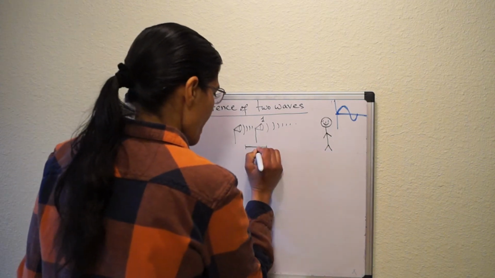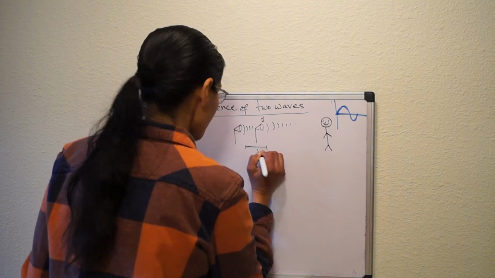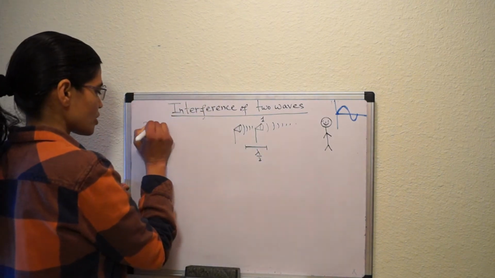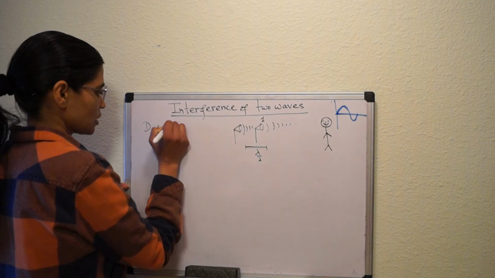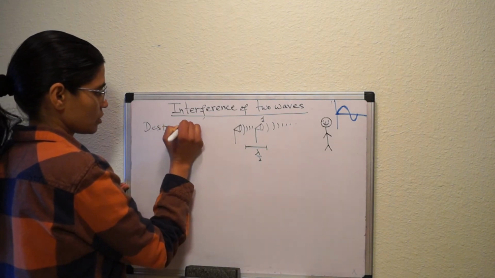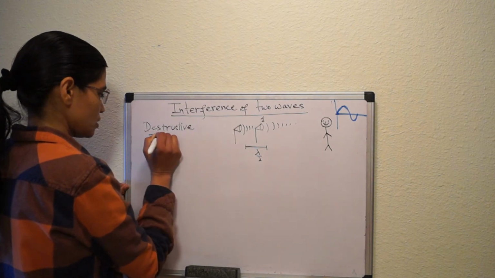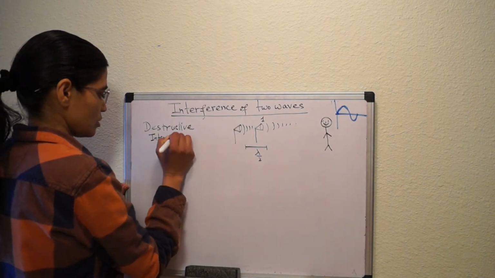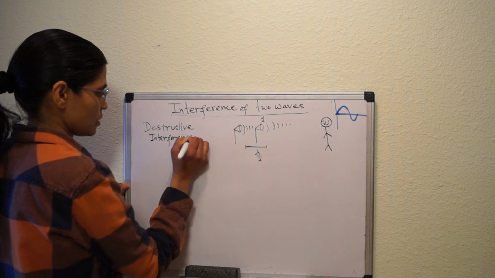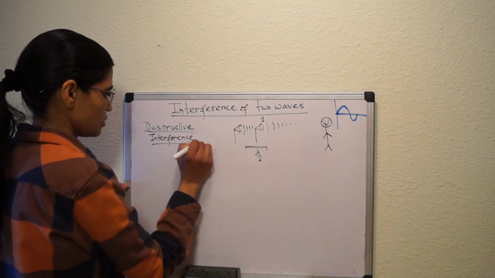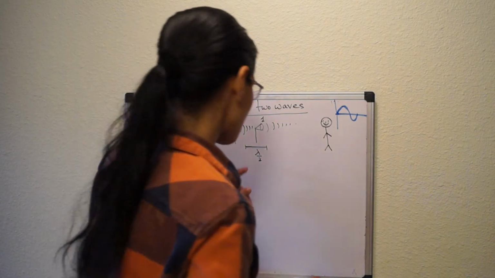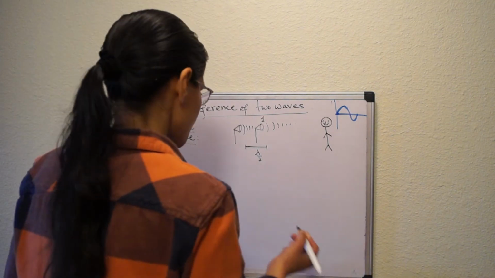So let's say we have it at lambda by 2 length, okay? So destructive interference. So again, let's draw a diagram here.